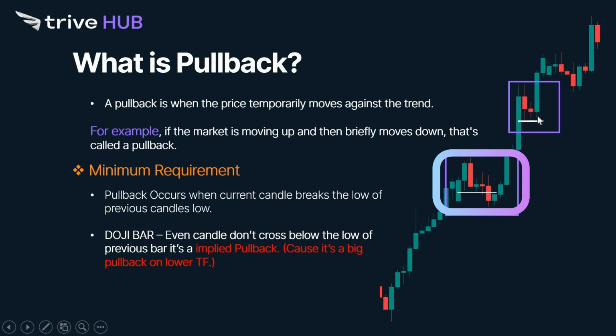That is why any doji bar, even if it does not cross below the low of the previous candle, is considered an implied pullback. So this is what a pullback is: an adverse movement opposite to the original direction of the trend.